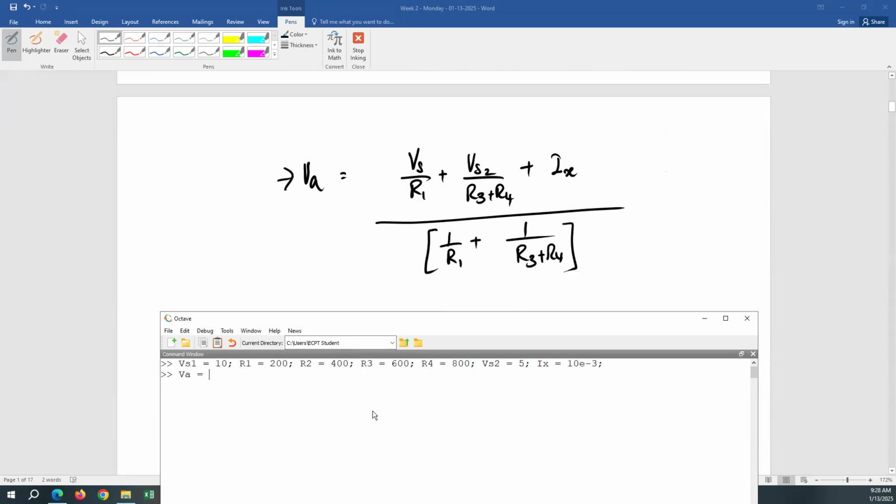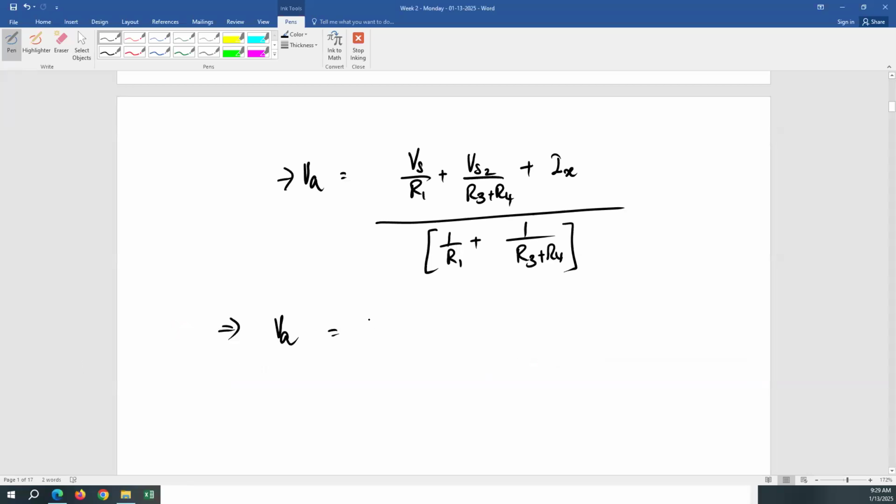VA is equal to Vs1 over R1 plus Vs2 over R3 plus R4 plus Ix, divided by 1 over R1 plus 1 over R3 plus R4. That gives 11.125.